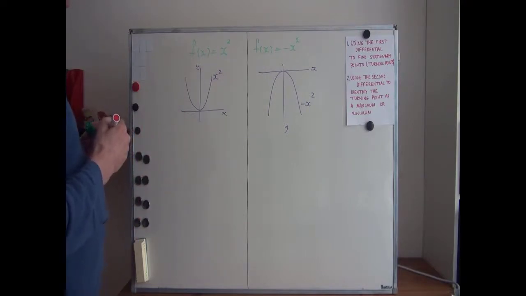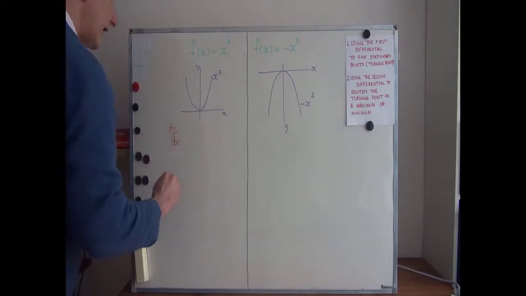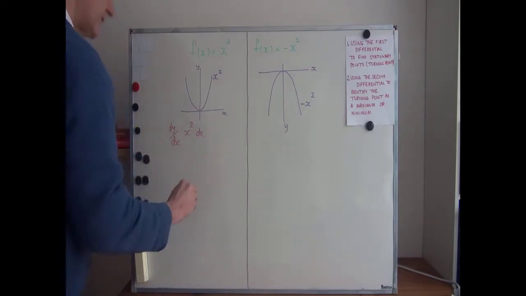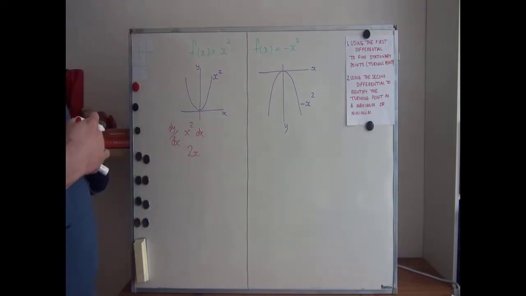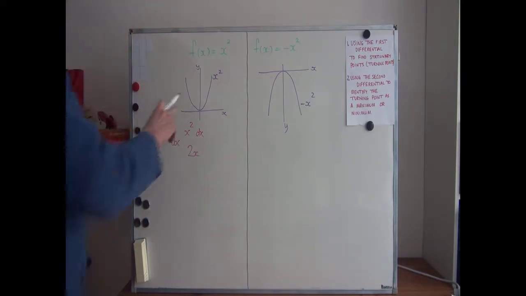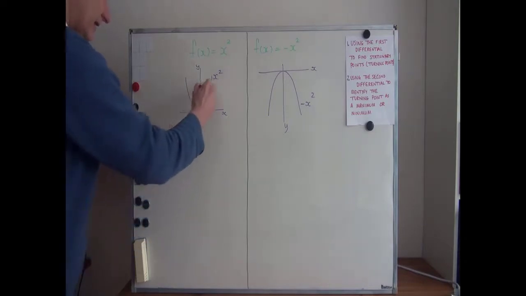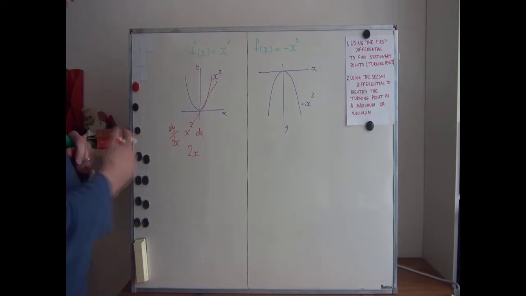If we differentiate x squared, so if we take dy by dx for x squared, what we get then is 2x. 2x represents the slope. It is a straight line going through the origin.